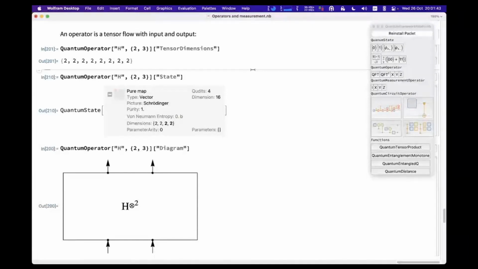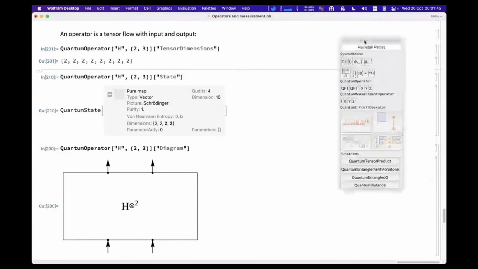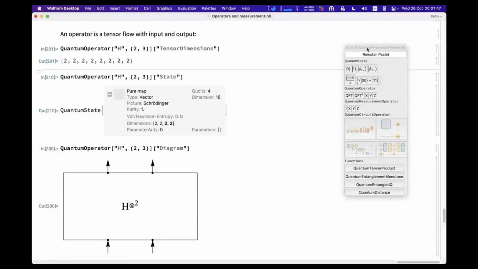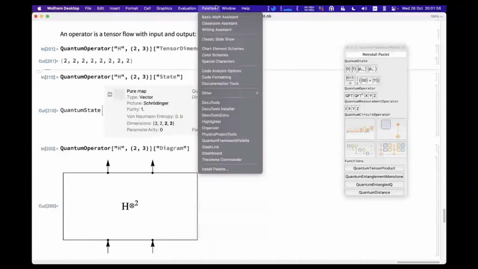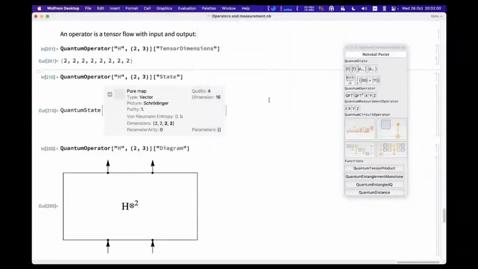But if you uninstalled it in the current session, this palette sometimes does not appear correctly, so you have to restart the whole desktop or your front end in order for it to appear. As of now, Mike, we believe it's a bug in our front end, but we are not 100% sure. We are working on that.